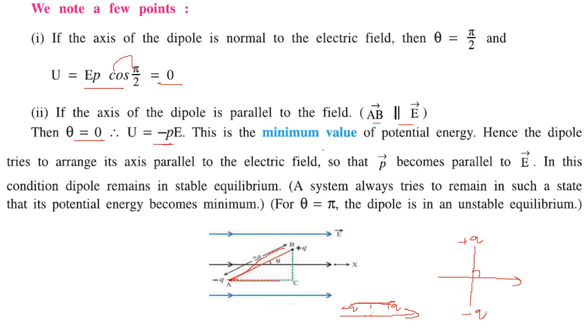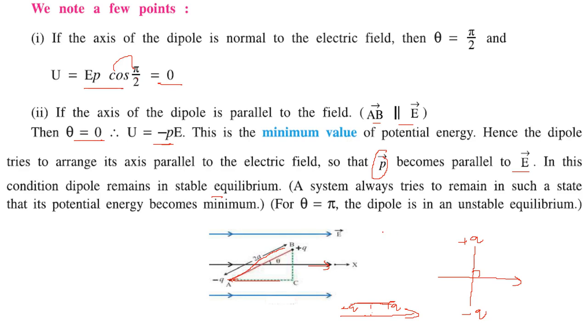So the dipole actually tries to arrange its axis parallel to the electric field. Everything wants to be in equilibrium and have minimum energy. So it will try to align to the direction of the electric field. So this dipole moment P becomes parallel to E. In this state we say that the dipole is in stable equilibrium, when the axis of the dipole and the electric field are parallel.